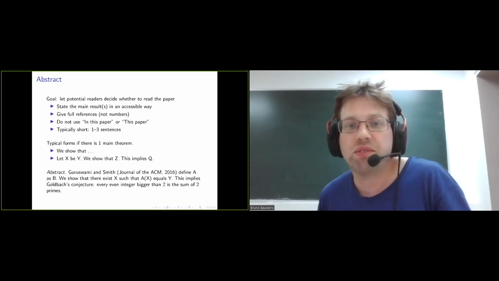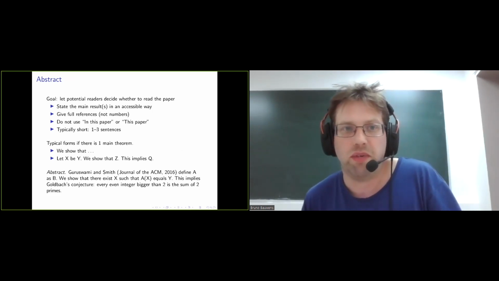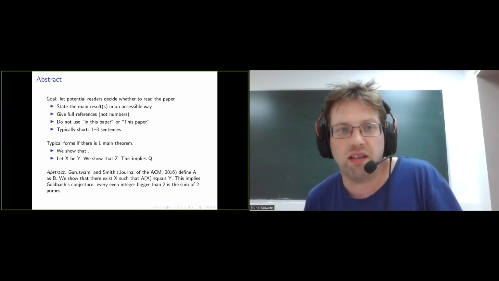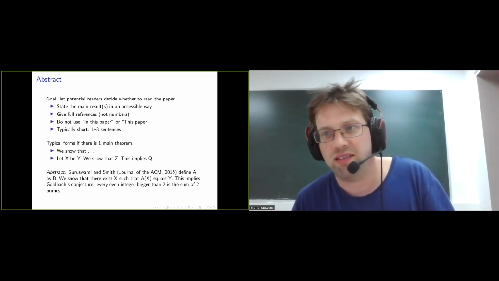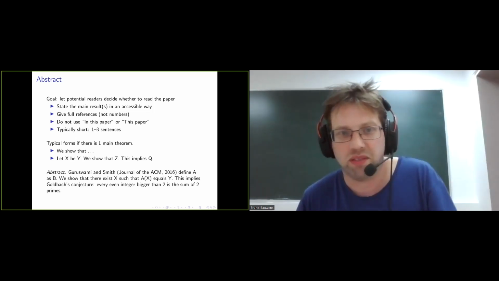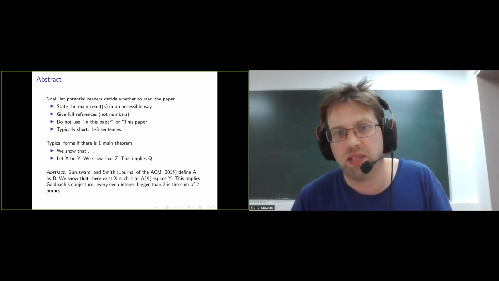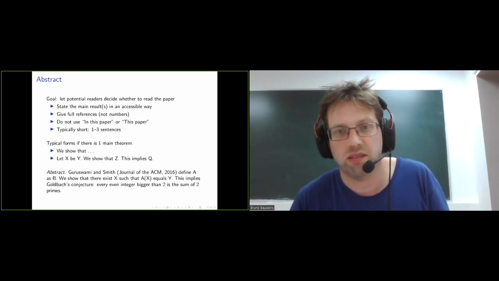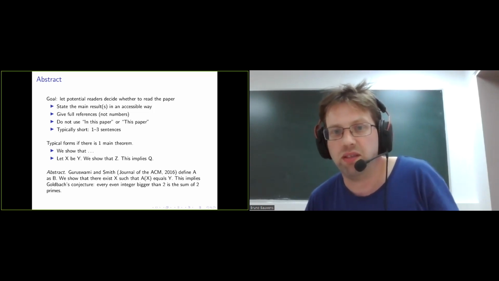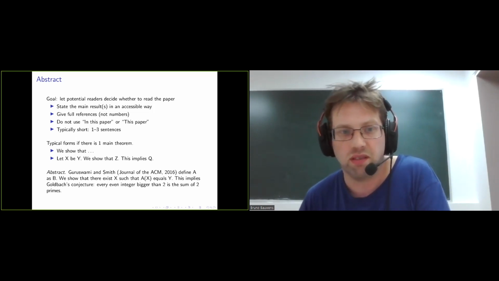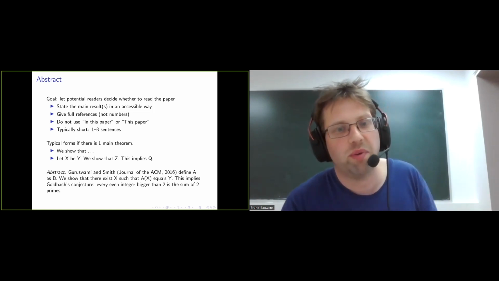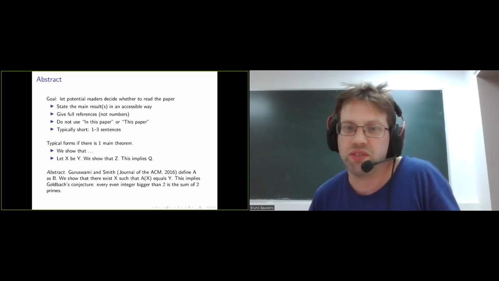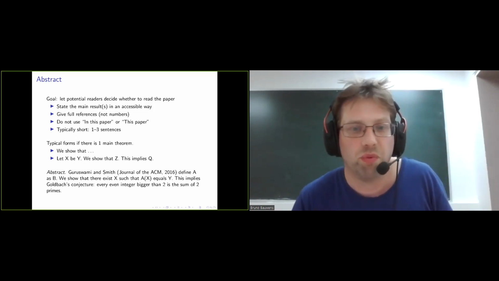Okay, so abstracts are very easy to write in mathematics. You just say, we show that, and then you put your main result there. Sometimes you need a definition, and sometimes you need extra explanations why this result is interesting. For example, it implies some other result. Like Goldbach's conjecture is probably the most famous open problem.